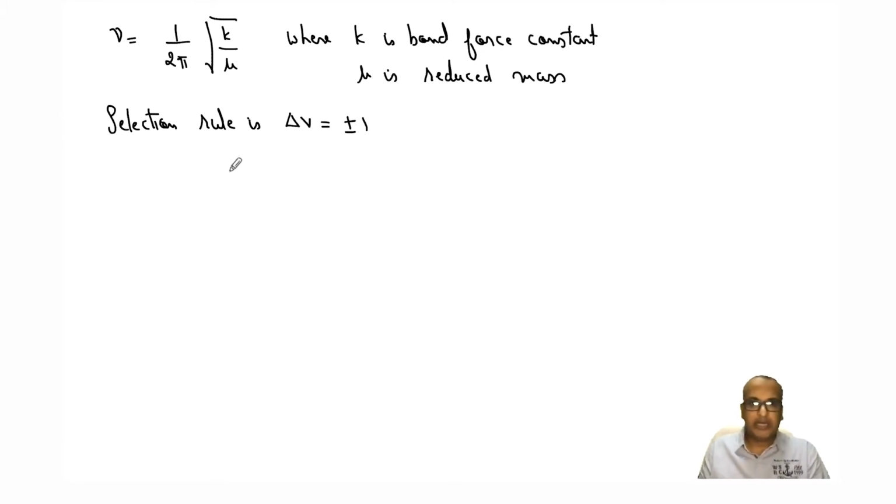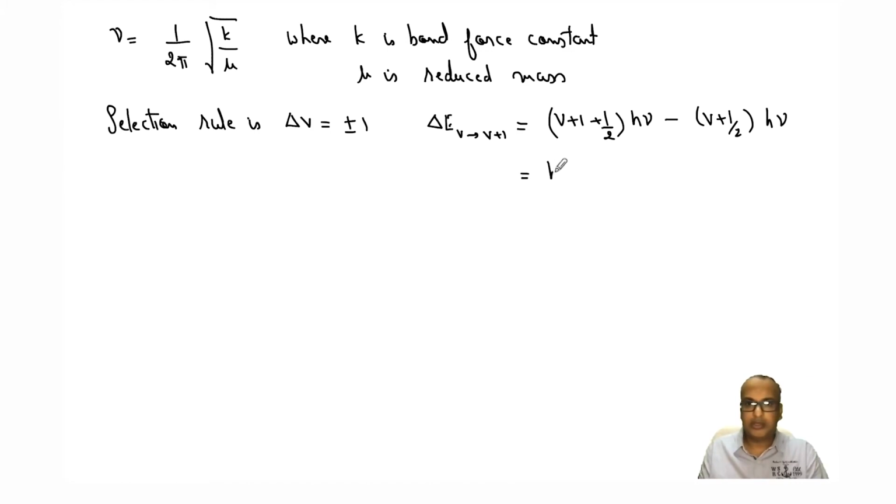So what we can say is, delta E from v to v plus 1 can be written as v plus 1 plus half h nu minus v plus half h nu. So this comes out to be h nu only, right? v plus half will get cancelled, so 1 h nu.